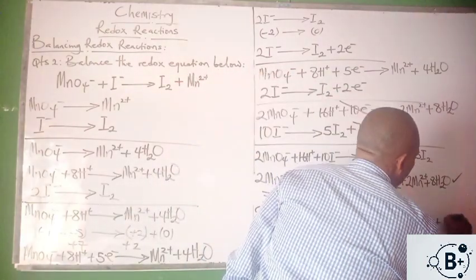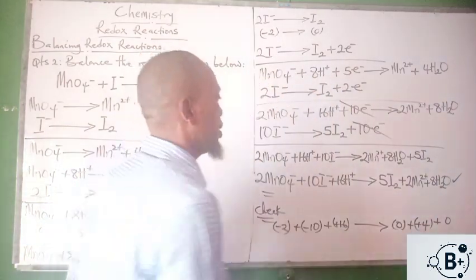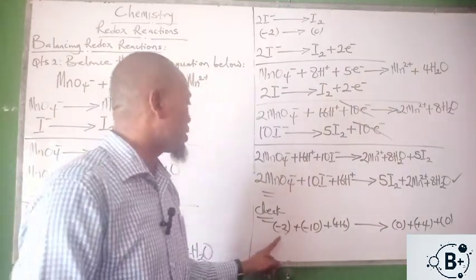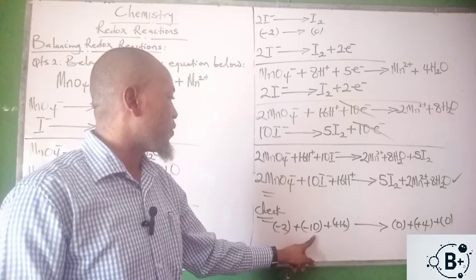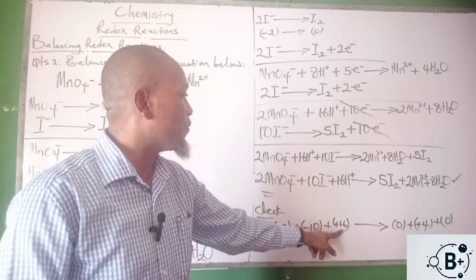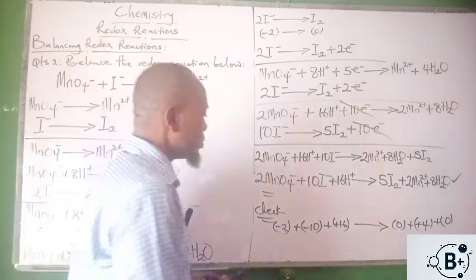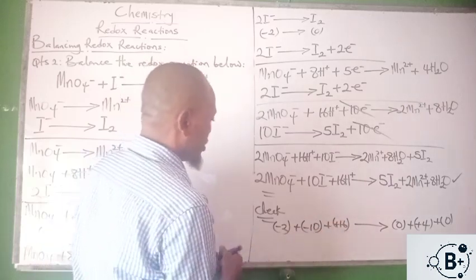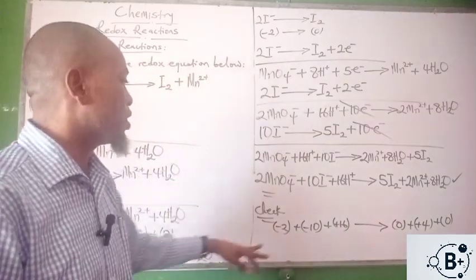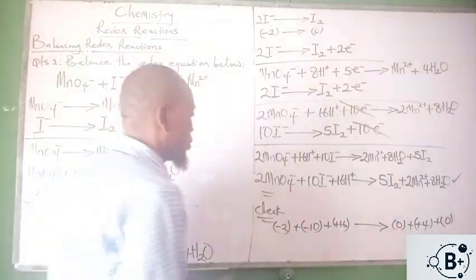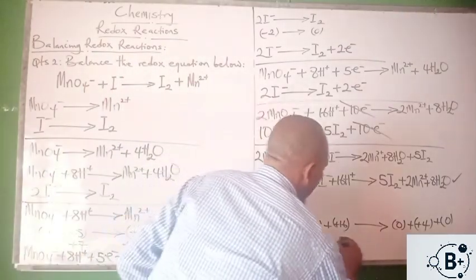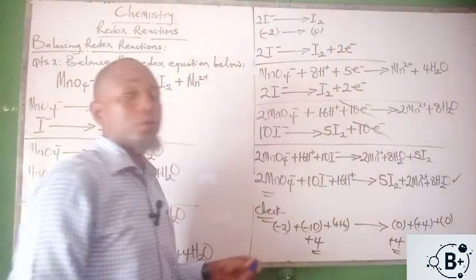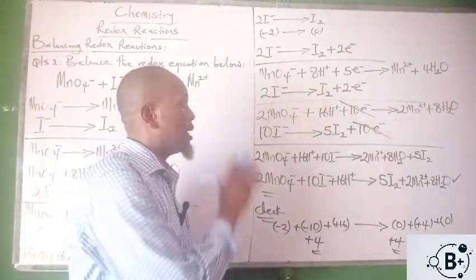Then here we have 0, that is for the 8 molecules of water. So if we add them together, minus 2 plus minus 10 is minus 12. Minus 12 plus 16 will give us plus 4. It's just simple. It's like saying 16 minus 12, you are going to have 4. So we have plus 4. Here on this side, you have just plus 4. So you see that the charges are also balanced. So that is how to balance the equation.